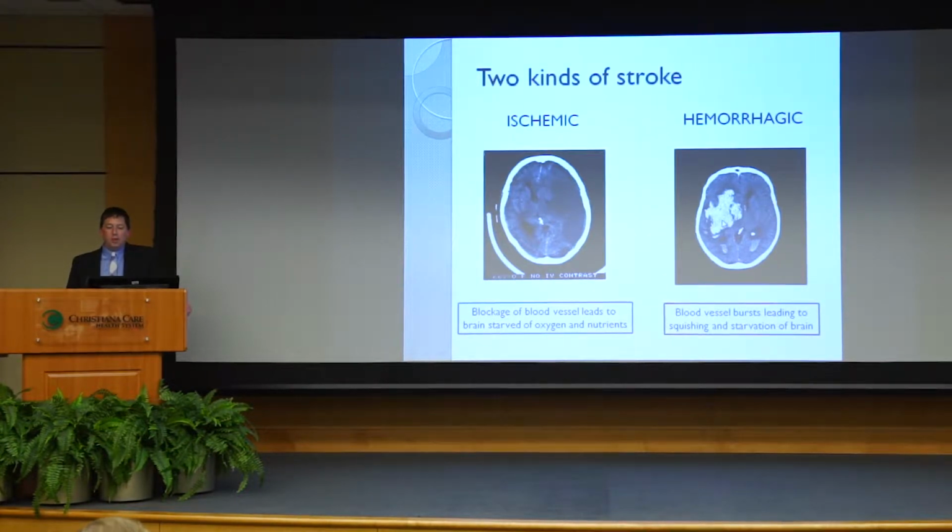Most hemorrhagic strokes are due to a blood vessel that has burst open, leading to this extra accumulation of blood, which then presses up against the brain tissue around it, causing direct injury and also leading to starvation of that area of the brain. About 4 in 5 strokes are this ischemic type, and about 1 in 5 are hemorrhagic.